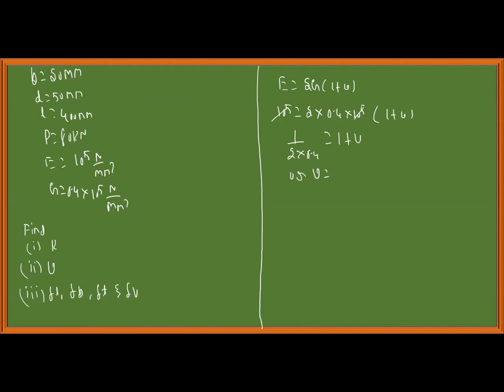Wait, you are taking so long. 1 by 0.8 minus 1. Minus 0.25? Sir, 0.25 should come.